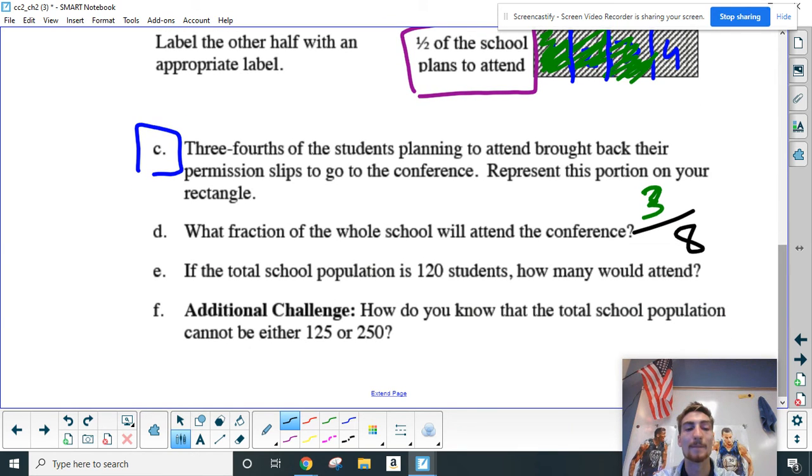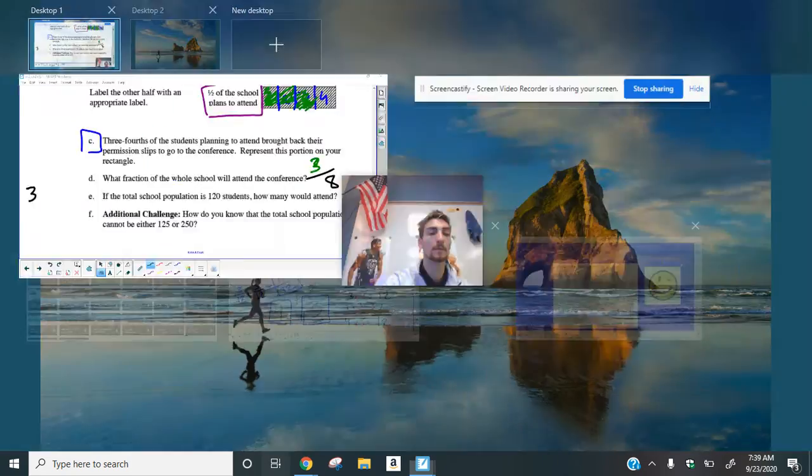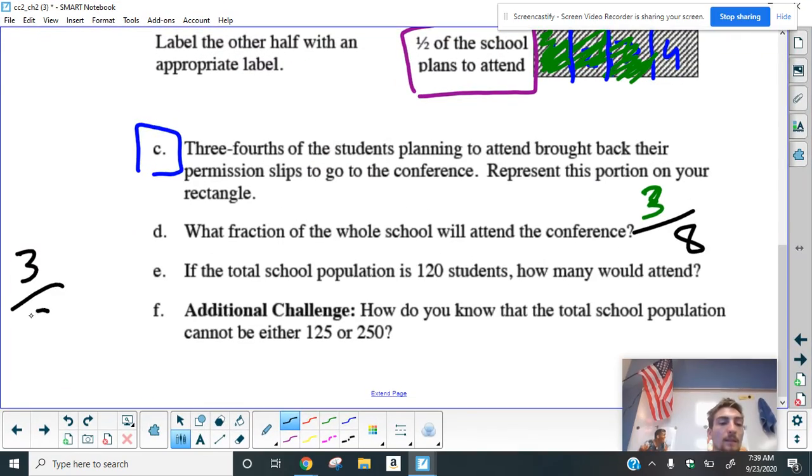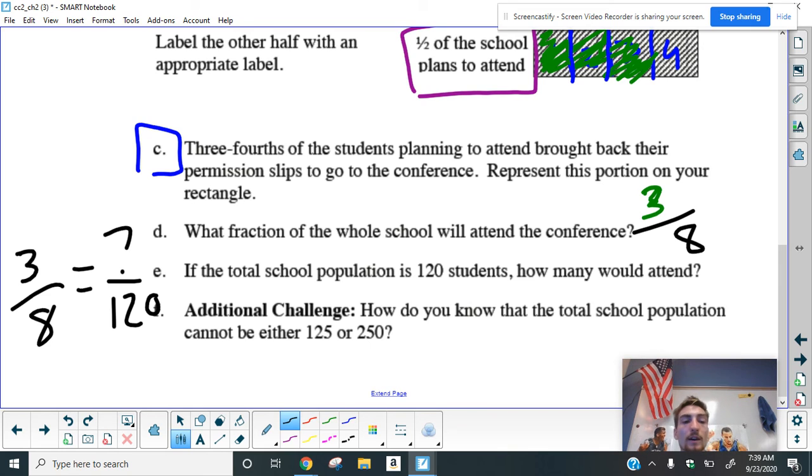What if the total school population is 120 students, how many would attend? So now we need to do 3/8 equal to what out of 120? Okay, well, we had to multiply 8 by what to get to 120?